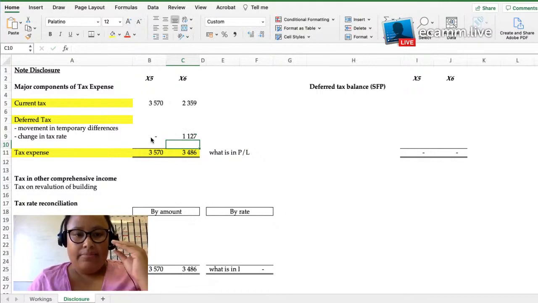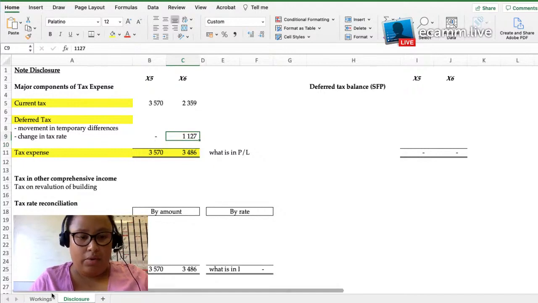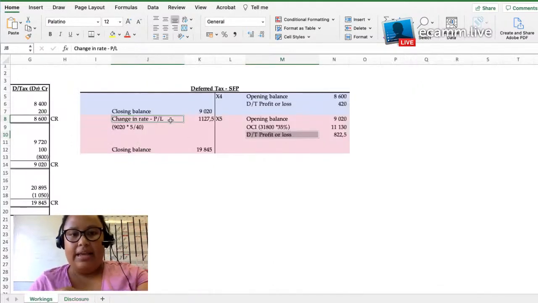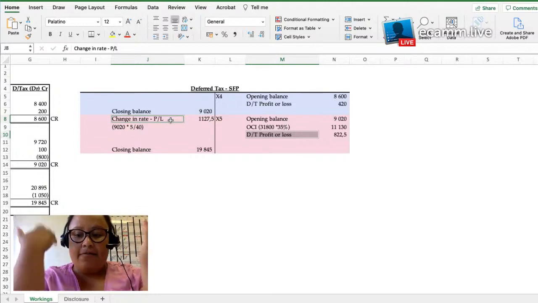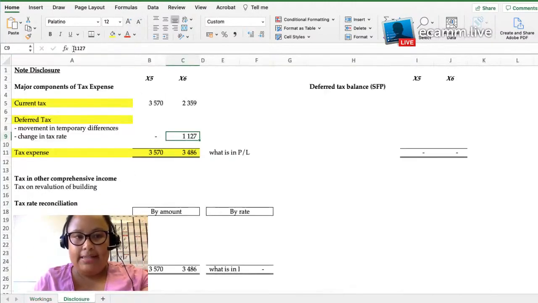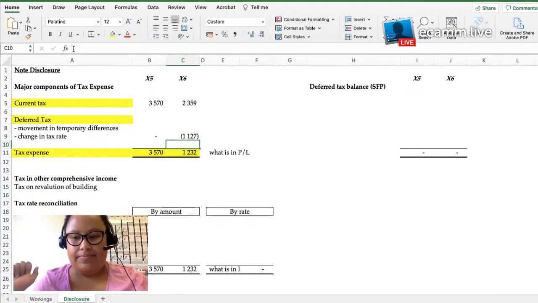Let's have a look over here. It's sitting on the debit side in my statement of financial position. So if I debited my liability, I must have credited my expense. So if I credit my expense, then this is actually a minus, because I'm reducing the expense.